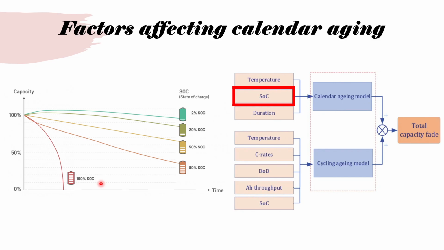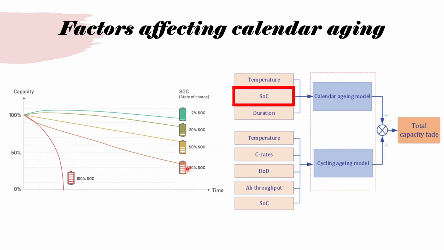Next is SoC. So if you store your cell at a higher SoC, for instance, you left your cell for a year at 100% SoC versus 2% SoC. So you can clearly see 2% doesn't degrade much, whereas 100% is almost dead now within few months.